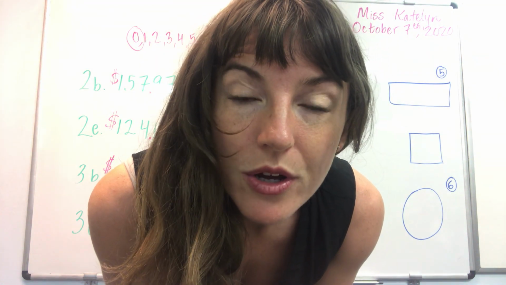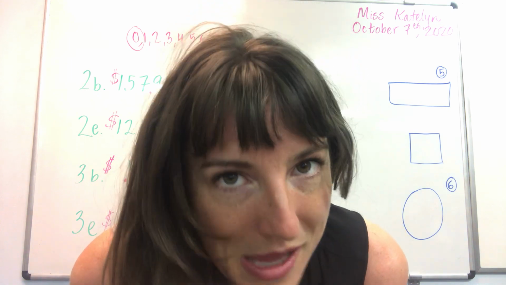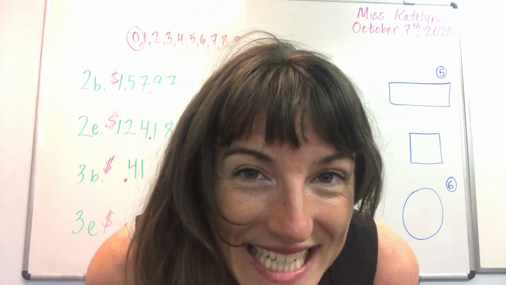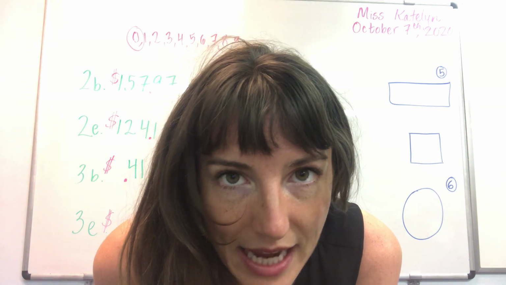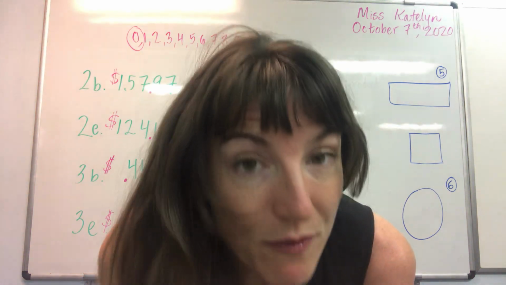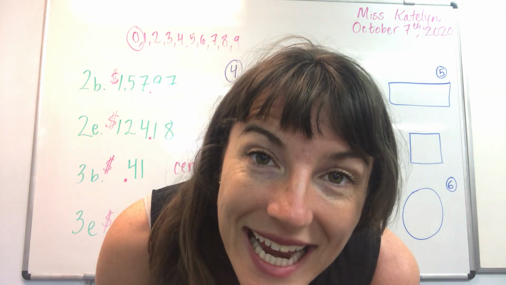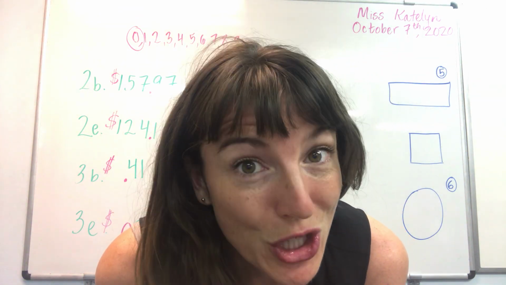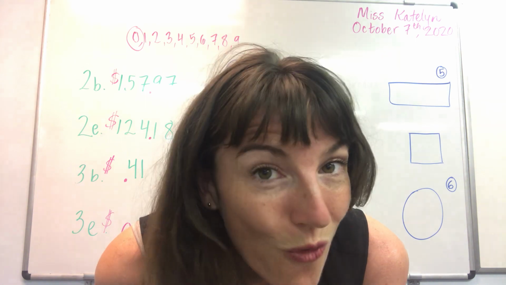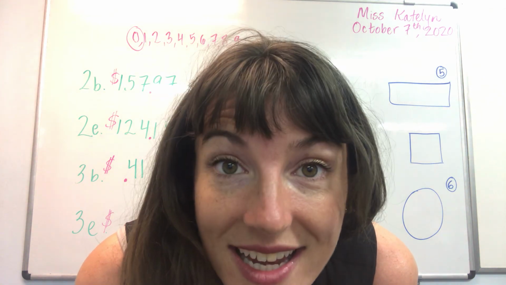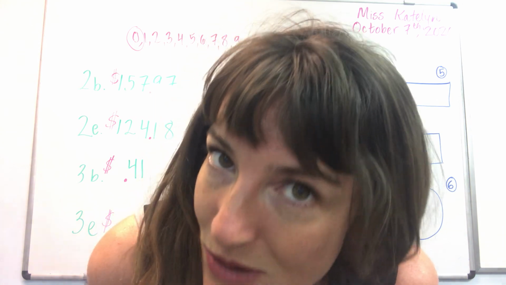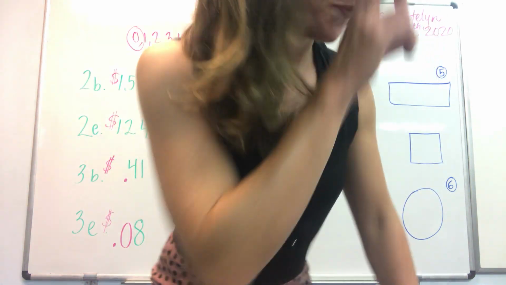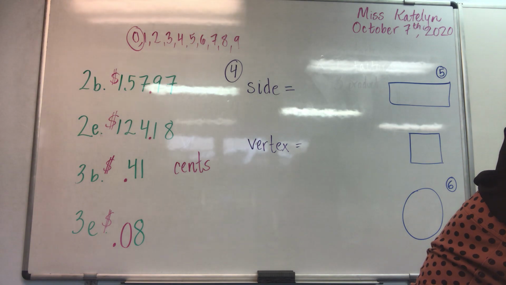No. Although we know that marine mammals are sea mammals, so it has to do something about the ocean, right? Meow, meow. Okay, so the glossary of your math book is going to define different math terms. So on page 374, they have the definition of side and the definition of vertex to help you count the right thing.